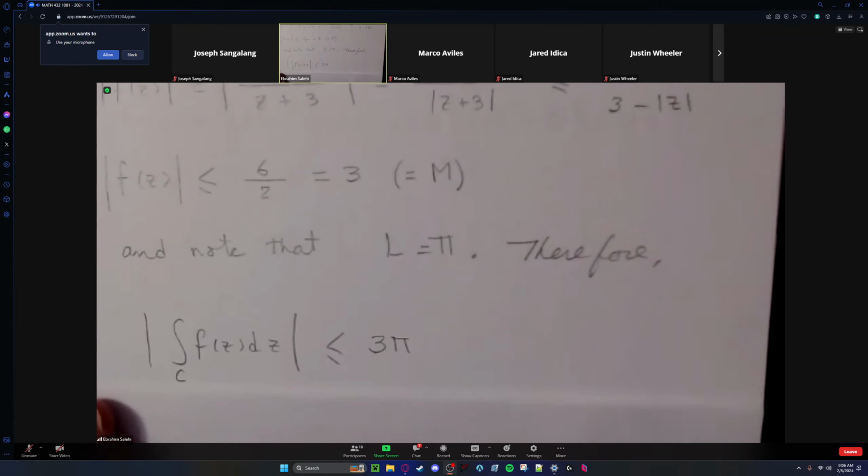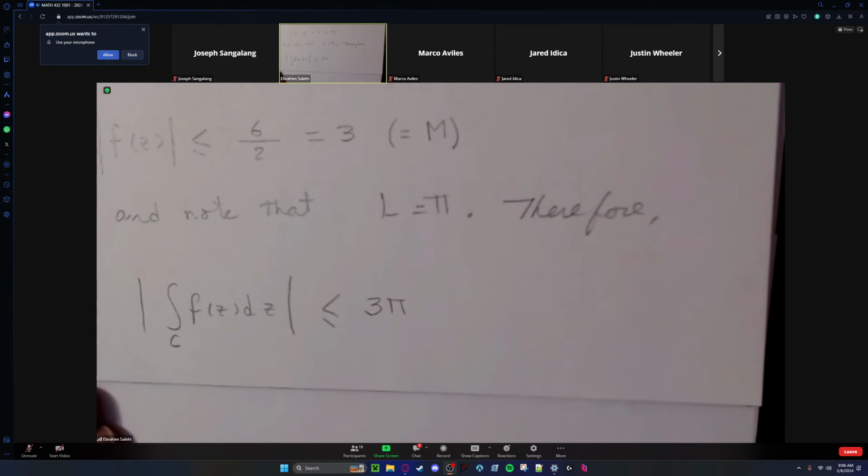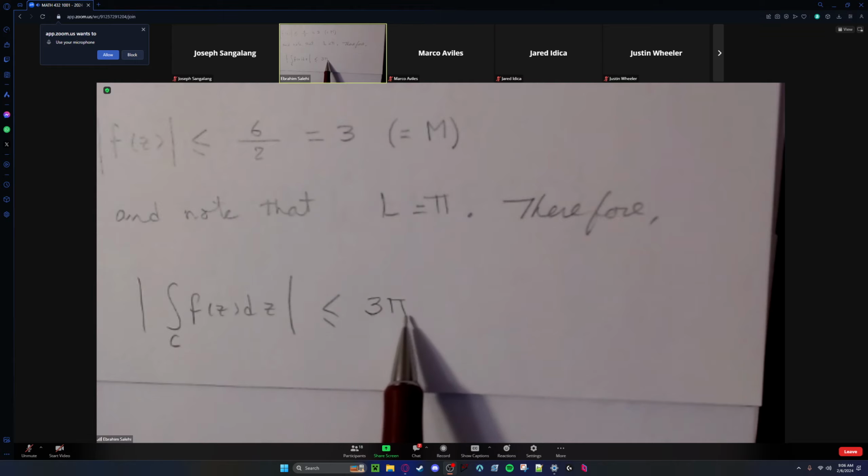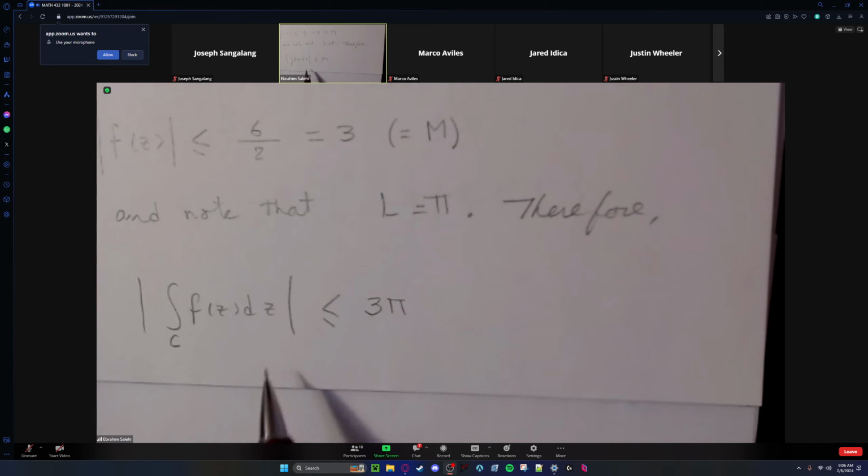Therefore, the upper bound for this modulus of the integral is ML. So the value here cannot exceed 3 pi. Cannot exceed 3 pi. All right.